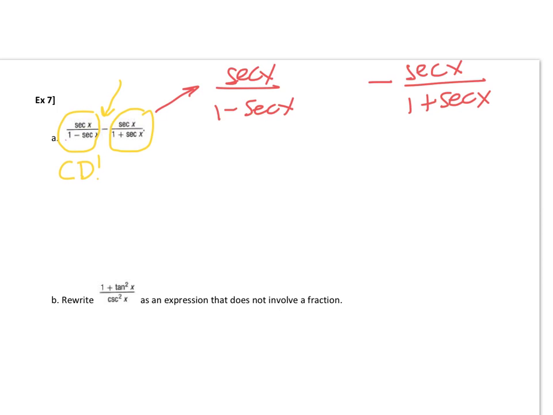So what I'm going to need to do is I'm going to need to get that common denominator. So I'm going to have to multiply the bottom and the top by the other denominator that I had to the right. So it's going to be 1 plus secant of x. And so over here, I'm going to need to multiply by 1 minus secant of x.